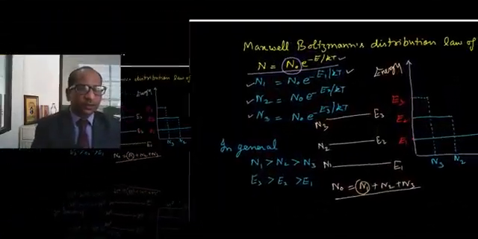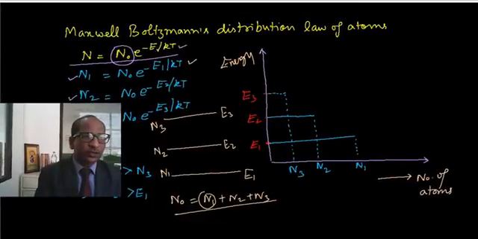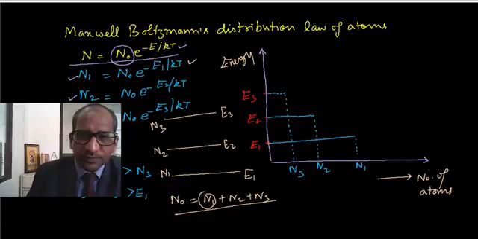If you see this equation, N is equal to N0 e raised to the power minus E upon kT, this is exponential behavior. This distribution of the atoms shows exponential behavior. If I show you by this pink line, if I start here initially, it means that N is smaller.